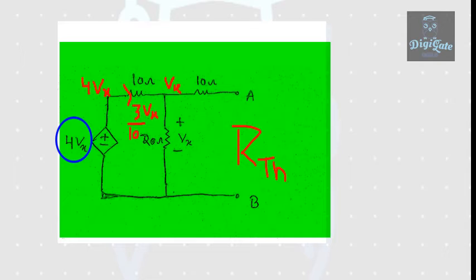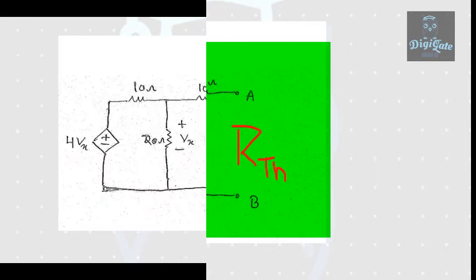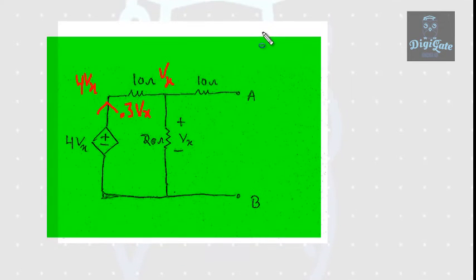You can only apply if you can find the linear relationship between the voltage and the current of that dependent source. Now the current flowing through this dependent source would be 0.3 Vx, as you can see. So we have got the voltage of this dependent source, which is 4 Vx, and the current through this dependent source, which is 0.3 Vx.